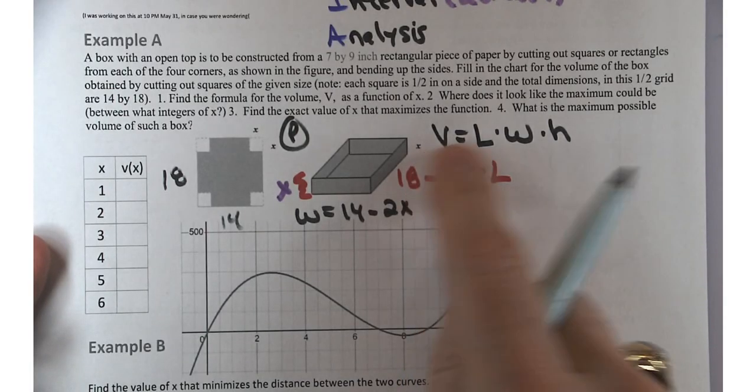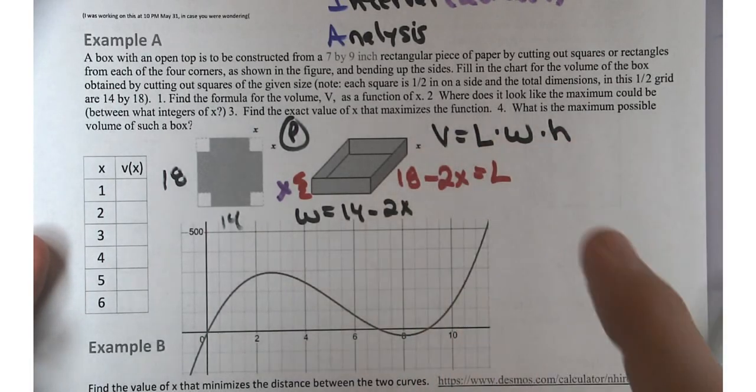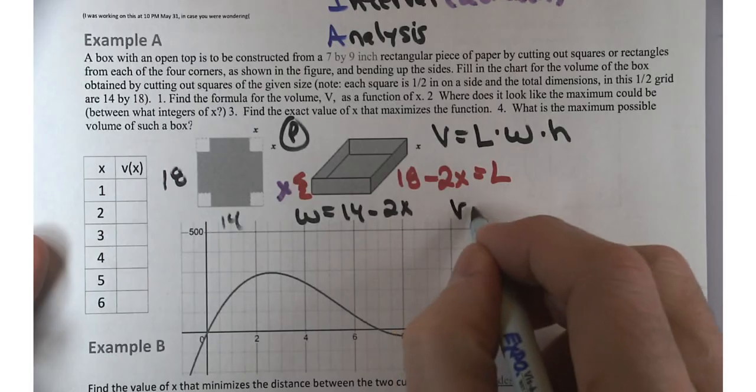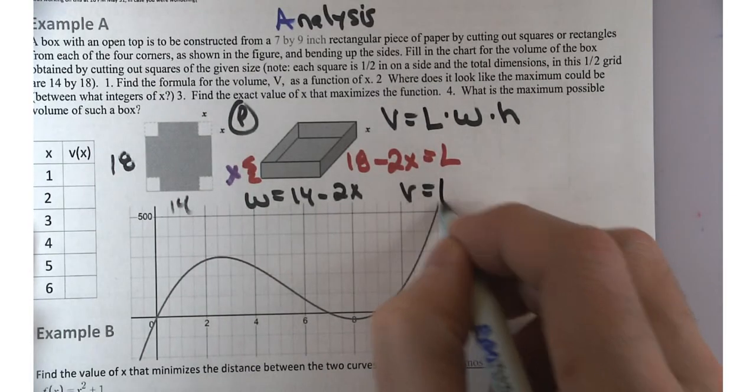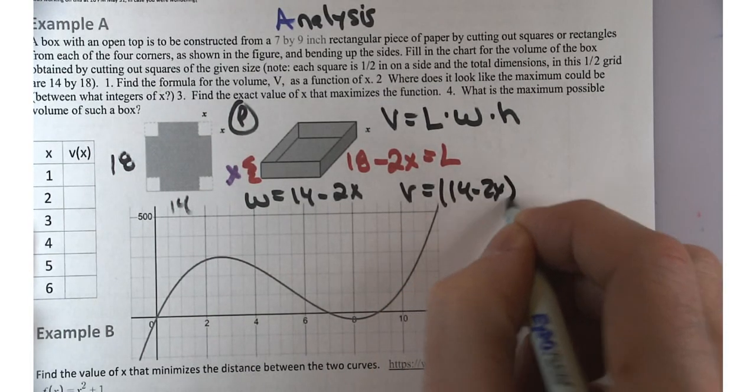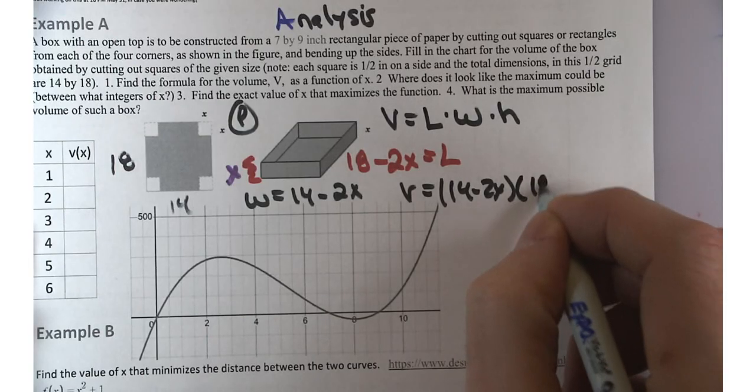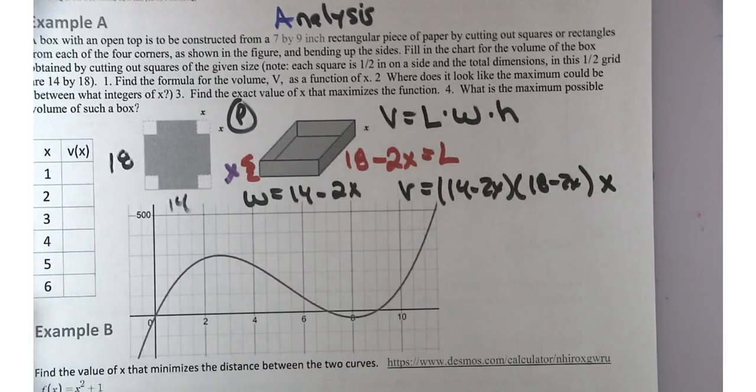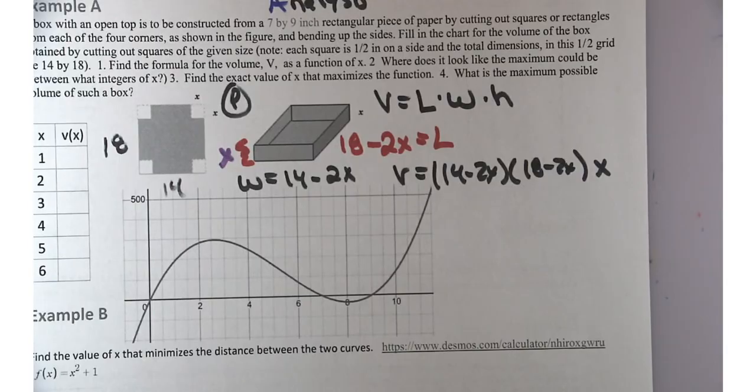So instead of V as L times W times H, let me rewrite that as V equals (14 minus 2x) times (18 minus 2x) times x. And that's nice. That's exactly what I wanted, because that's something that depends just on one variable.